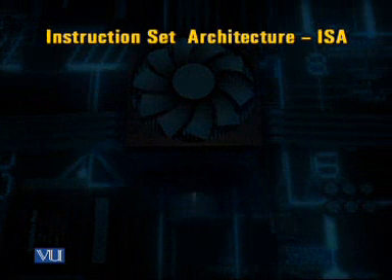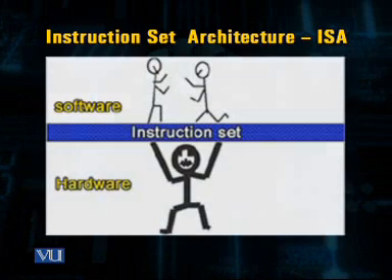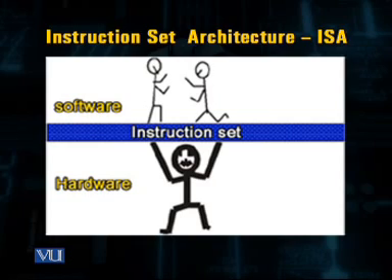Now, what is an instruction set architecture? Now I will talk about the instruction set architecture, which is basically an interface between hardware and software. It plays a pivotal role in understanding the computer architecture from both the design perspective and the use perspective. However, the design of the hardware and the software cannot be initiated without defining the instruction set architecture.